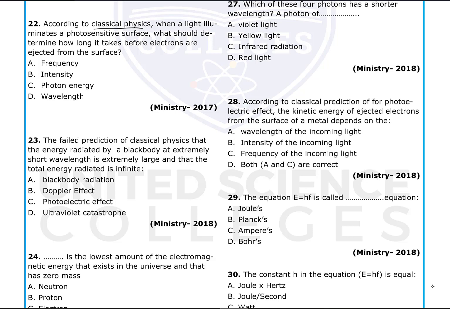The number of photons determines the intensity. So before the photoelectric effect experiment, classical physics said that very intense light can remove electrons from the surface.